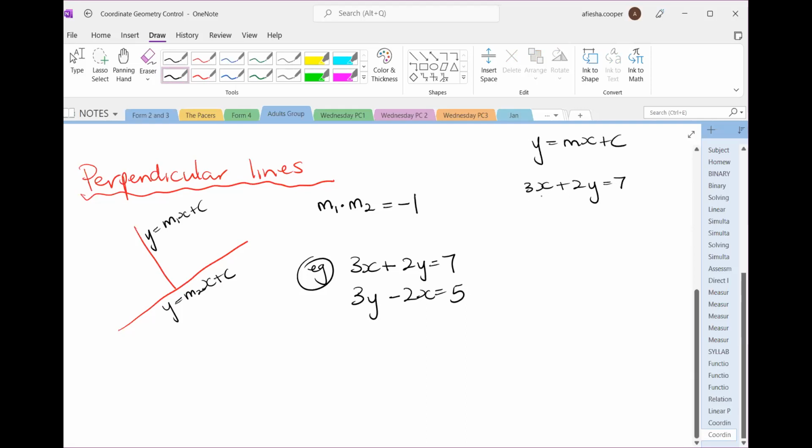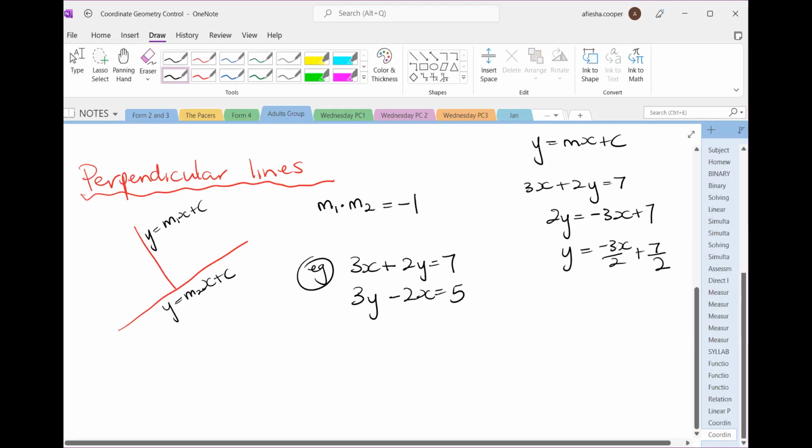So the first thing I'll have to move is this, because I'm making y the subject of the formula, so we remove the things around y. So we'll end up with 2y is equal to -3x plus 7. Now we'll have to remove the 2 by dividing by each term, so -3x over 2 plus 7 over 2. We can leave it as improper because there's nothing really for us to simplify here.